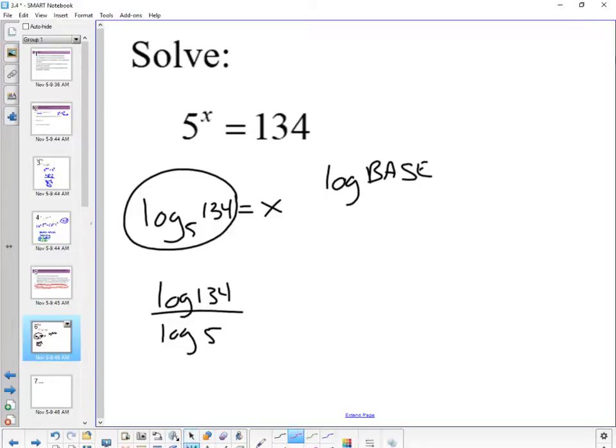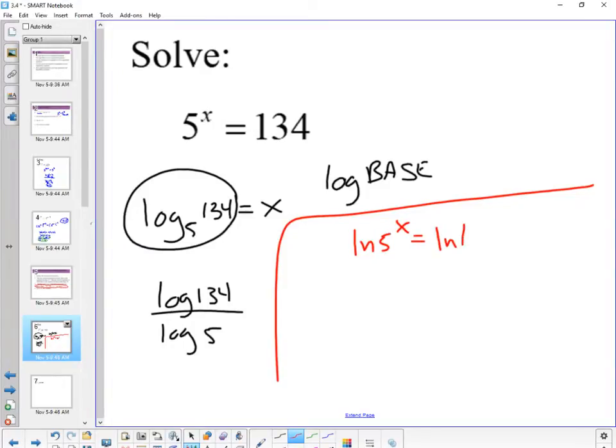Or, even before all that, I can introduce natural log. I can say ln of 5 to the x is equal to ln 134. The reason for that is because I can take this x and kick it to the front, correct? So I get x times ln 5 equals ln 134.